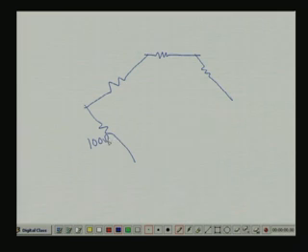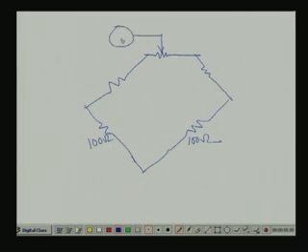So, let us look at how the two detectors are used. It looks like this. We have one detector here, then we have here 100 ohm, this is 100 ohm, bridge balance. So, there is an ammeter, 0 to 500 milliampere.